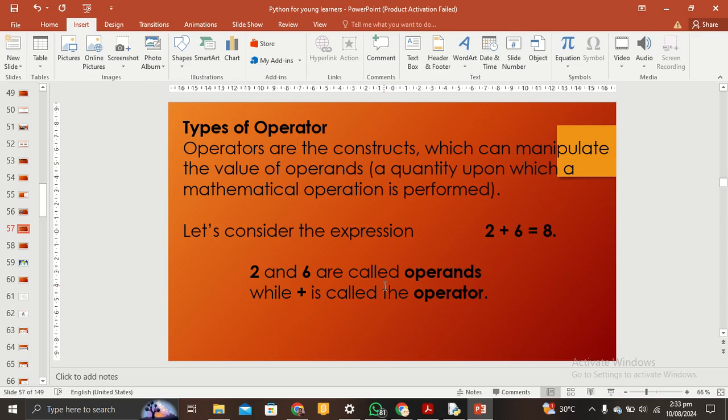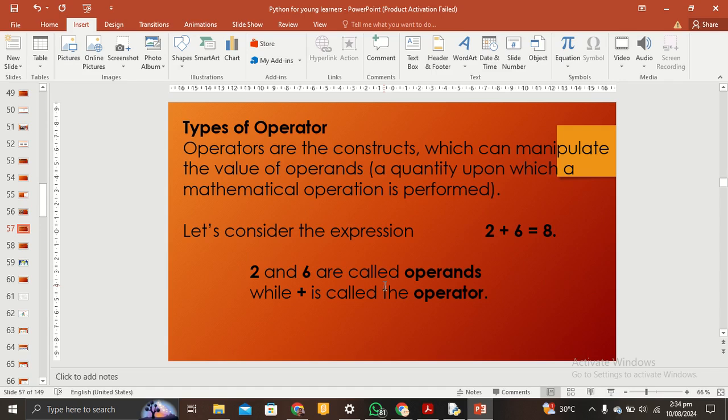Thank you. Mute your mic. Richard, if you want to multiply two numbers, which operator will you use? The division, the multiplication sign, the addition, or the subtraction?